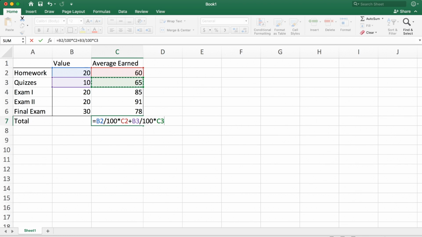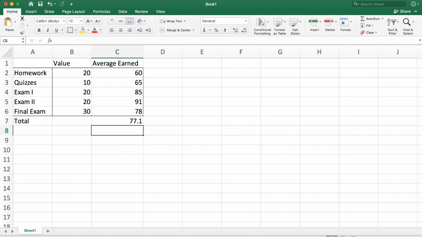And we can keep going from here, plus the value from exam 1 divided by 100 to convert it from a percentage, times the score earned on exam 1. And so on and so forth until we've got all of them, and we can hit enter and see this computes our average, or our total score, of a 77.1, just like we saw when we computed it by hand.